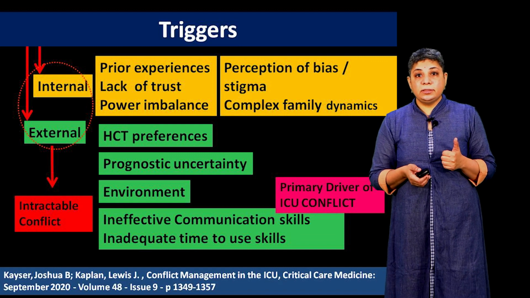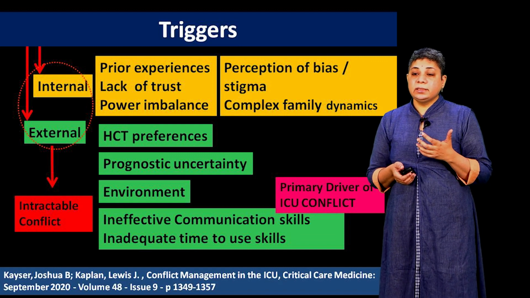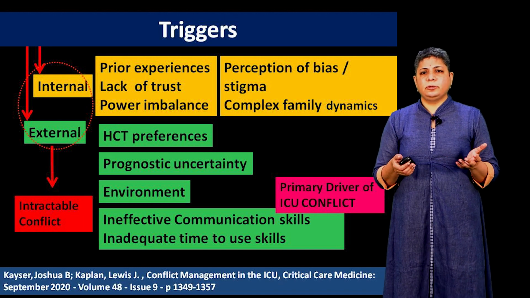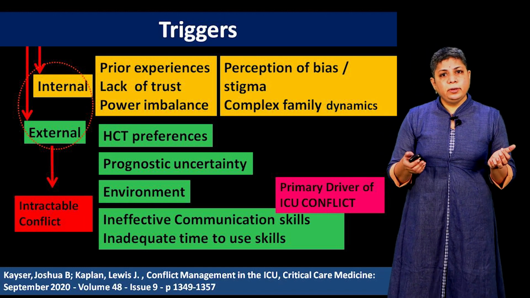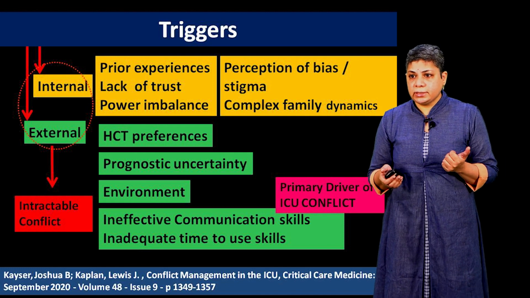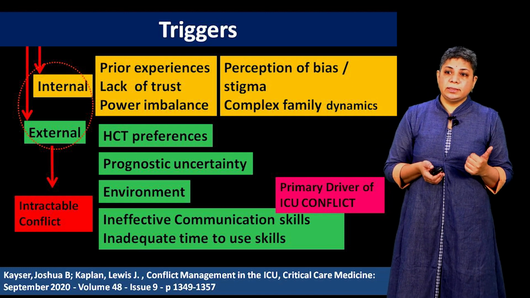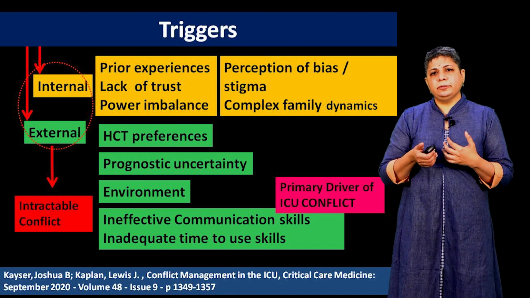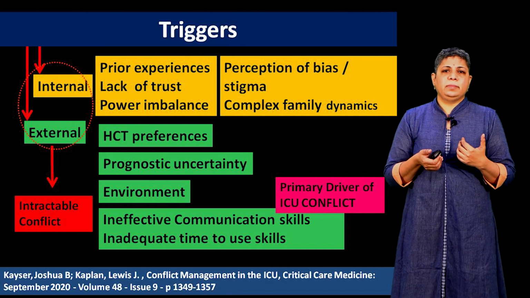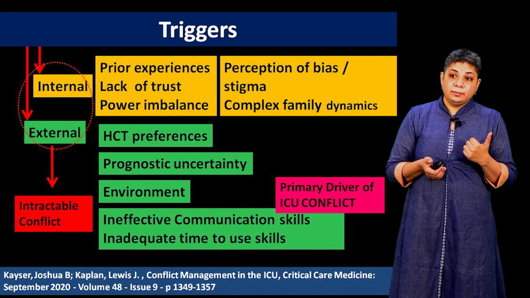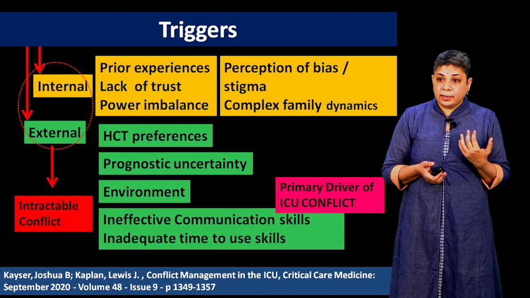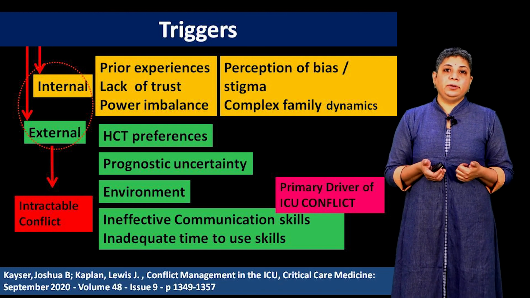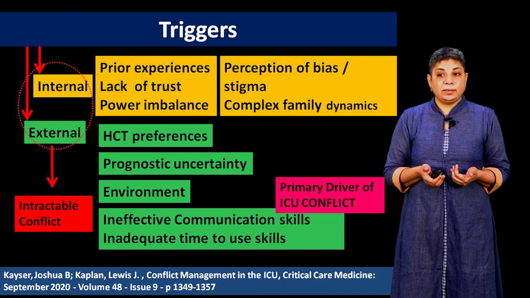What are the external triggers? External triggers are again healthcare team preferences. Each team, each ICU has its own protocols, has its own way of going about difficult situations. When there is prognostic uncertainty and the environment is not congenial, when there is a lot of chaos in the environment, and when either the healthcare team doesn't have proper communication skills or they don't have enough time to use the skills that they have.